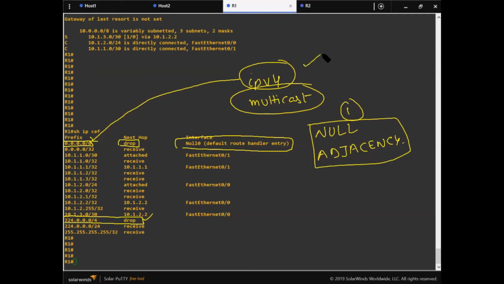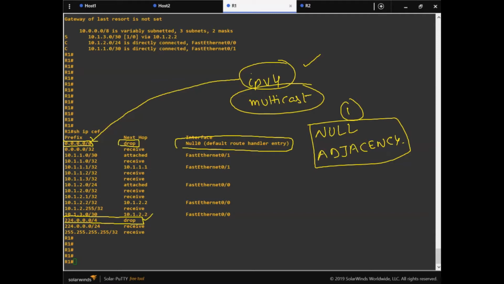Even for our IPv4 packet, if there is something which is coming in which is not included in my routing table, even then my CPU will not be involved. My CPU will be left free for doing other work not related to this. So this is my null adjacency, and maybe we can say the drop adjacency also. For multicast, maybe you can say the drop adjacency. For IPv4, we can say the null adjacency.